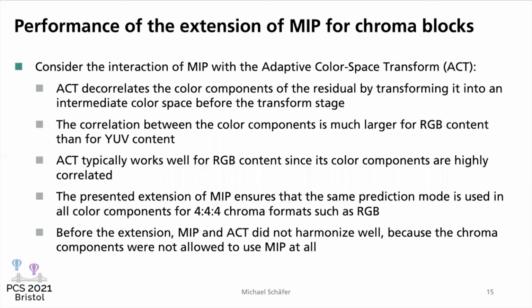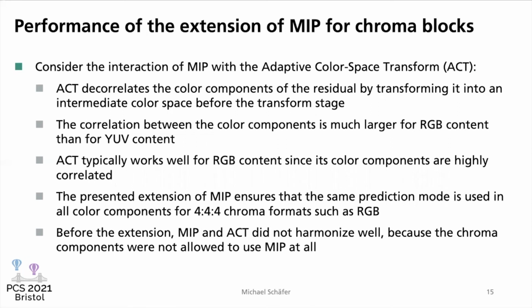Typically, the correlation between the color components is much larger for RGB content than for YUV. Hence, the adaptive color space transform tool transforms the residual into an intermediate color space prior to the transform coding stage. The ACT performs a decorrelation of the prediction residual, and thus it works well with RGB content.